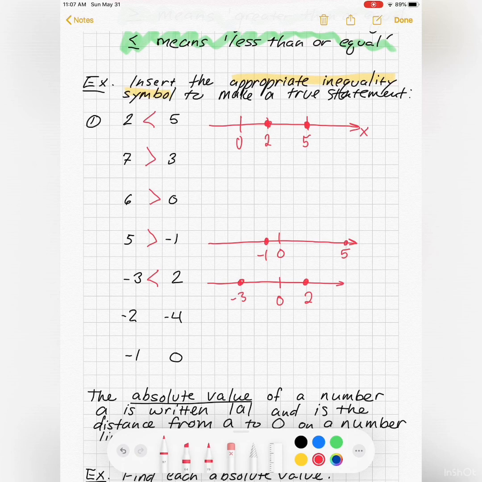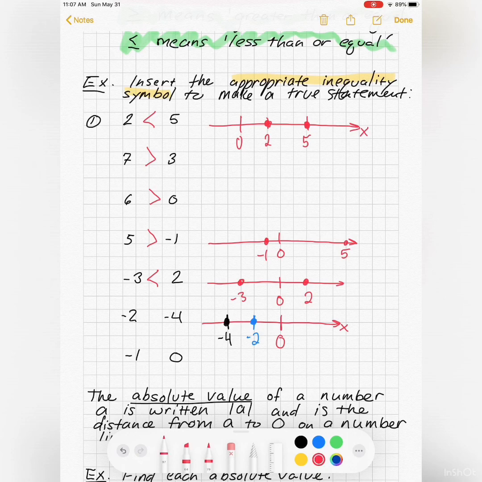So let's see. If I draw out a number line, maybe that'll be helpful for these negatives. Here's 0, say. Here's -2. Here's -4. Okay, so one way I can look at this is I can say -4 is to the left of -2.